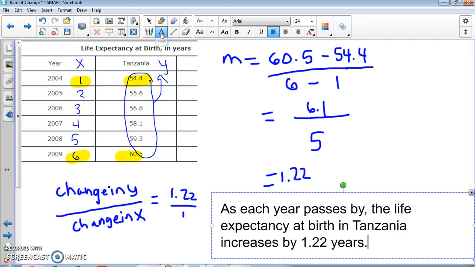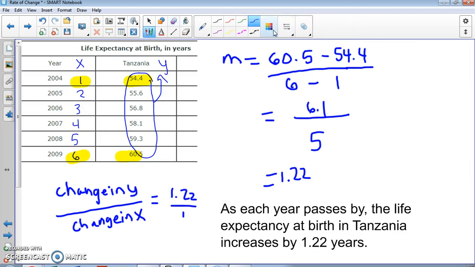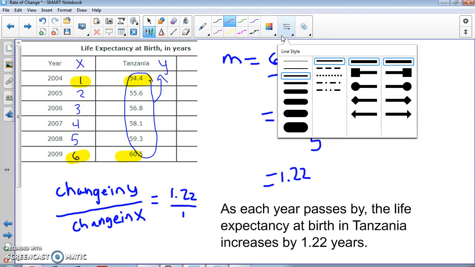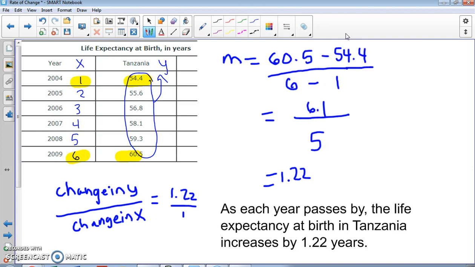And so now we just need to finish up and find the equation of the line. So what we're going to do here is plug into point slope form. We're going to just pick a point, so we can use that first point here with 1.